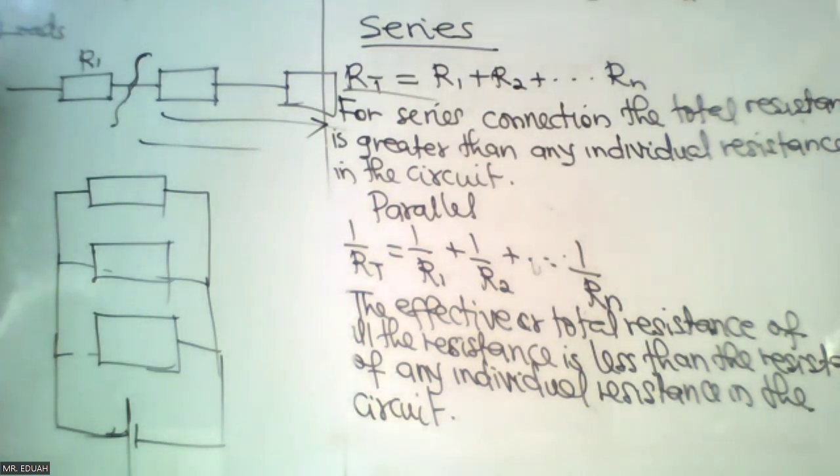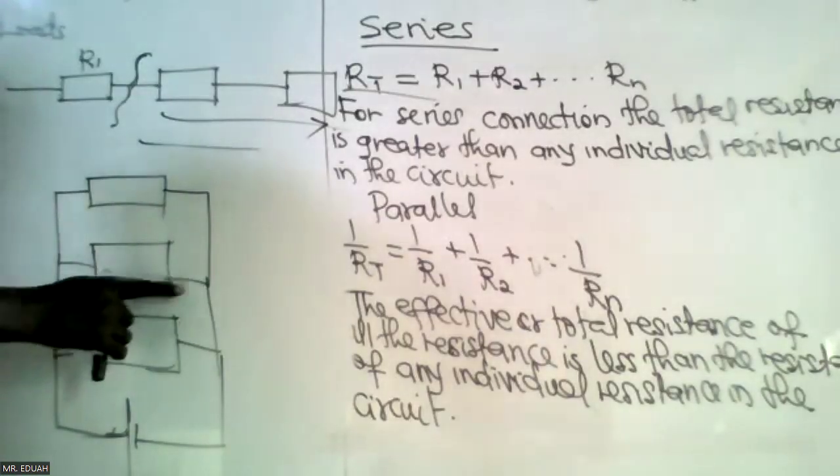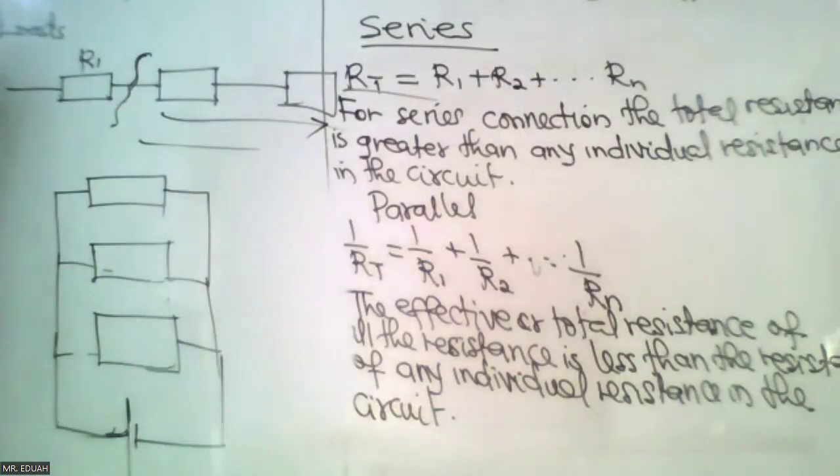What was the first point again? I'm talking of the advantages of parallel connection. Loads that require different currents ideally must be connected in parallel, because in parallel connection, different currents flow through the resistors.